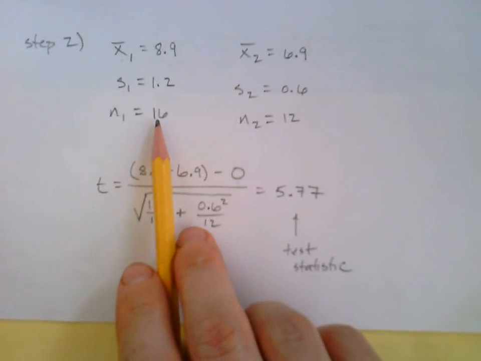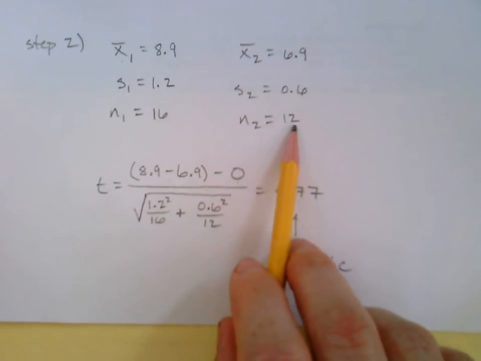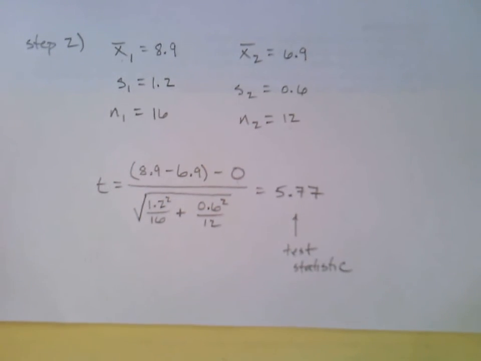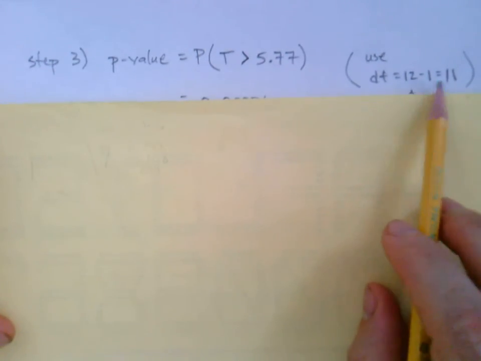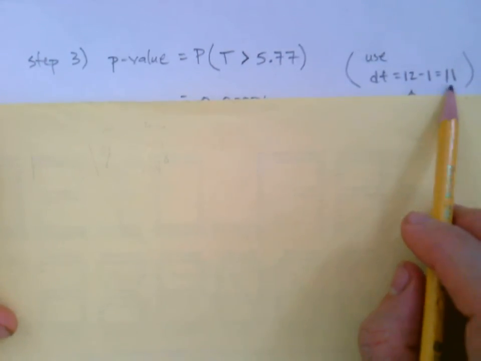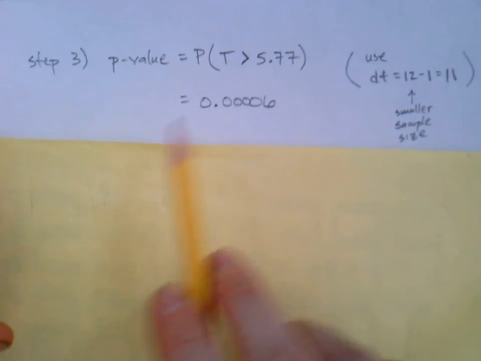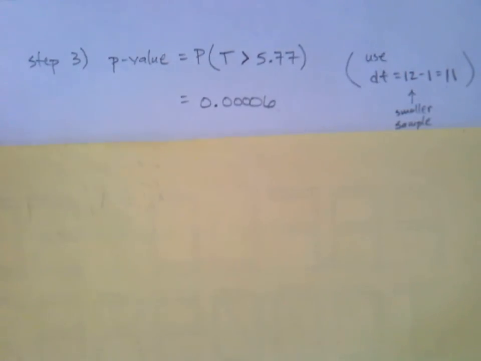So you can't say you've got enough information up to 16 when you only had up to 12 here. So you have to always pick the less reliable source for the whole thing. It's like you're only as strong as your weakest link sort of thinking. All right, so we're going to use that 12, obviously different degrees of freedom. We take one off. So we take 11 degrees of freedom here. So take the smaller sample size. Put that all in, you should get 0.00006 as your p-value.